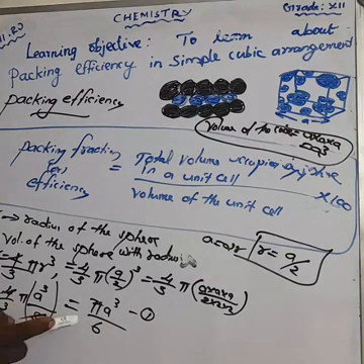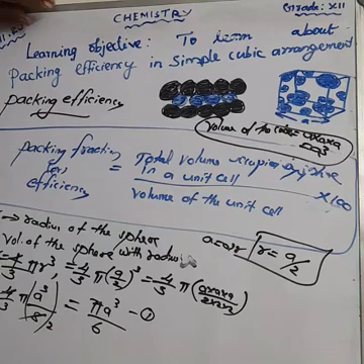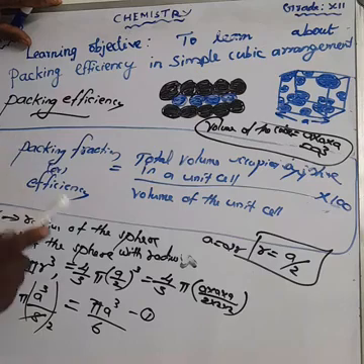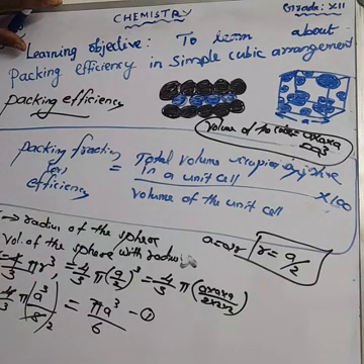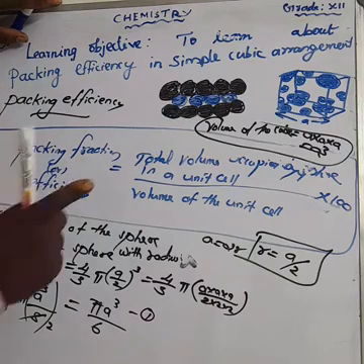In a simple cubic arrangement, don't forget, this is one of the important one-word questions: the number of spheres belonging to a unit cell is equal to 1.